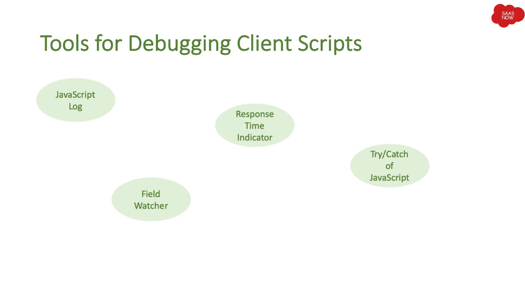Then we have the response time indicator, which shows how your form is responding, how exactly scripts are getting loaded, and how much time they are taking. And then we have try and catch of JavaScript. Try and catch is not something invented by ServiceNow. It is a globally used JavaScript construct, and that's what you use.